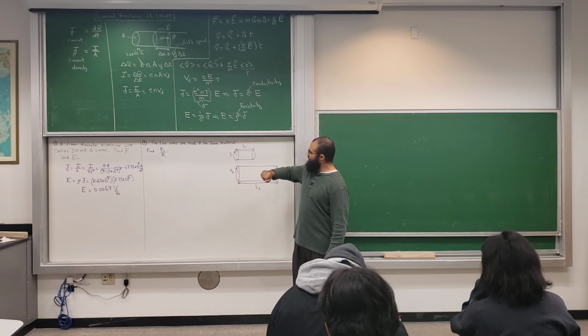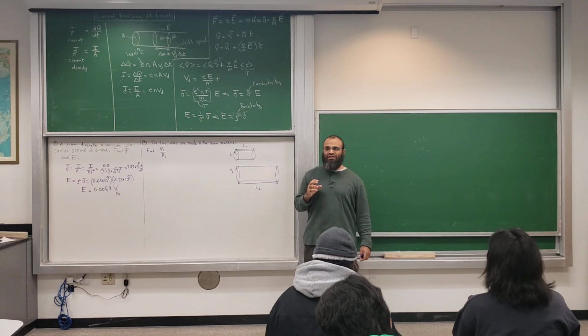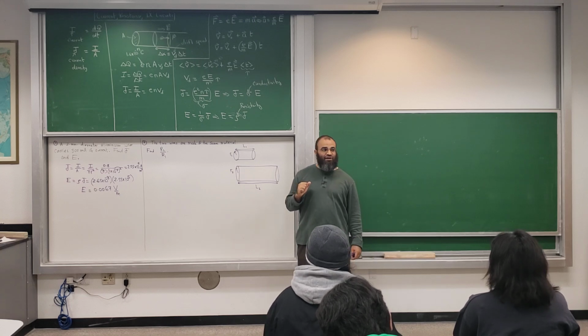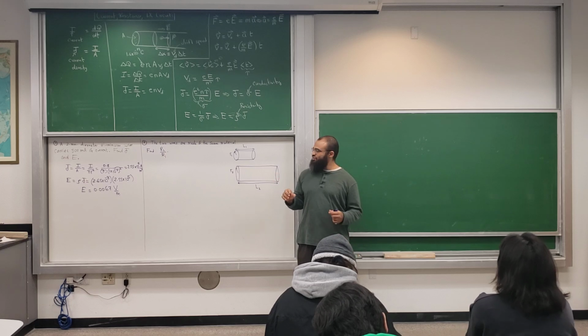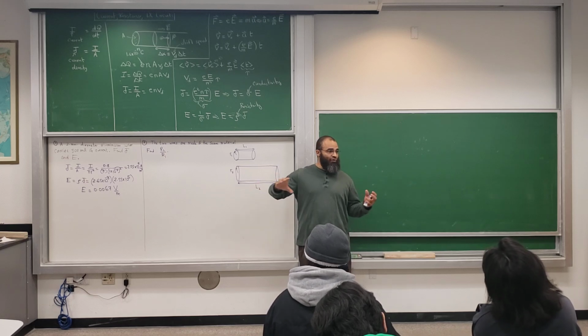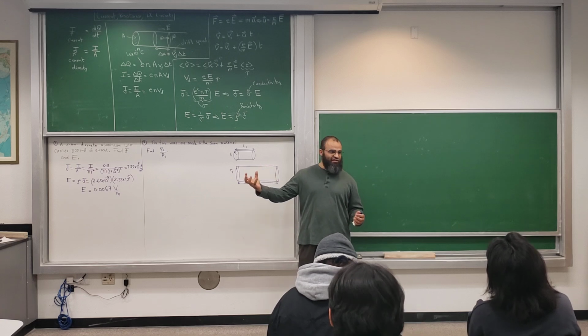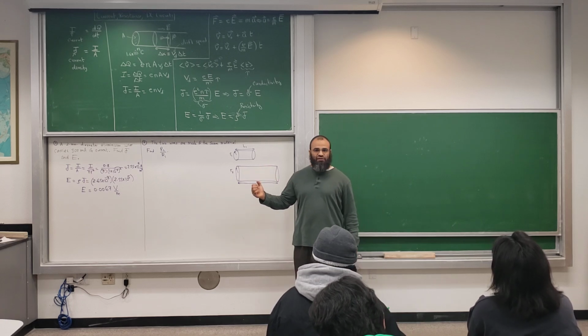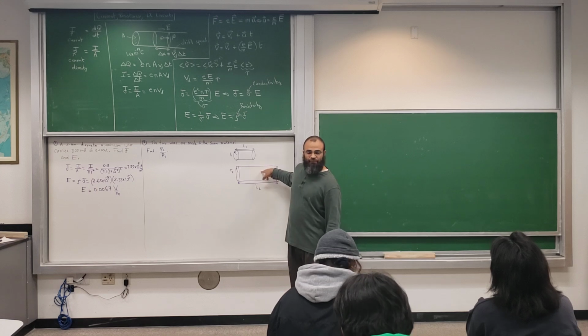If they're made of the same material, do they have the same resistance or the same resistivity? Resistivity, yeah. Resistivity is the property of the material. Resistance depends on how long and how wide the wire is, just like density and mass.